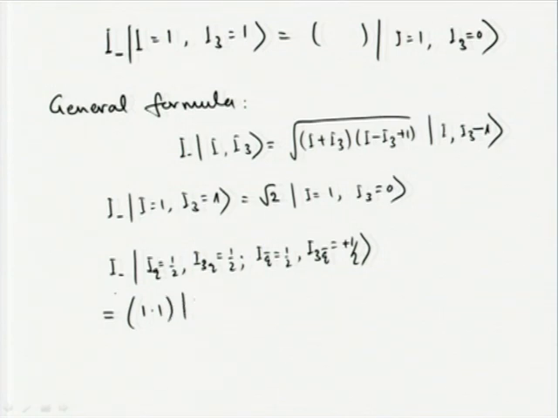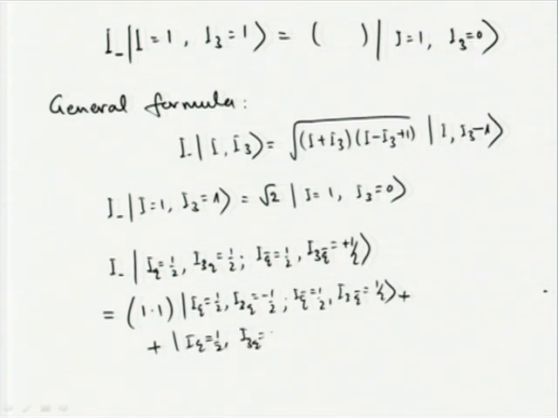So, first we will apply this I minus on the q system, and then that will give you I_q equal to 1 over 2 and I3_q equal to minus half, the other one remaining the same, I_q-bar equal to 1 over 2, I3_q-bar equal to half. But then plus I_q equal to half, I3_q equal to plus half, I_q-bar equal to half, I3_q-bar equal to minus half.